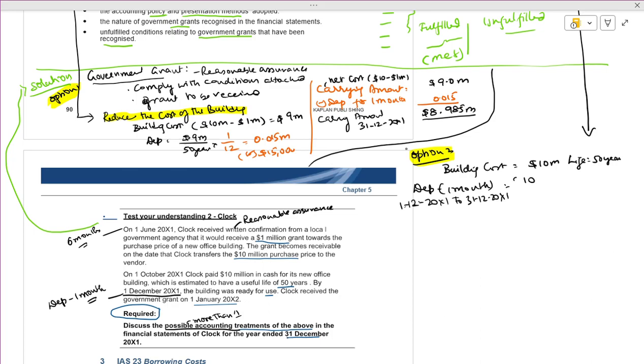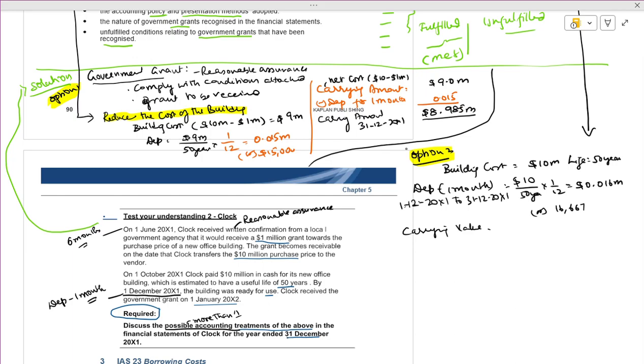Now how much is there? 10 million divided by 50 years times 1/12. It comes to 0.016, or 16,667. What is the carrying value?